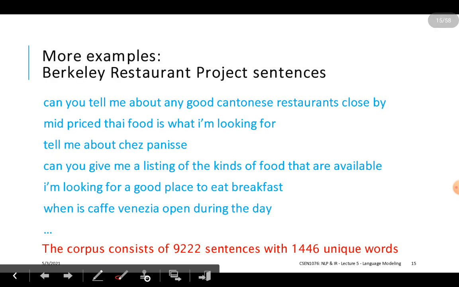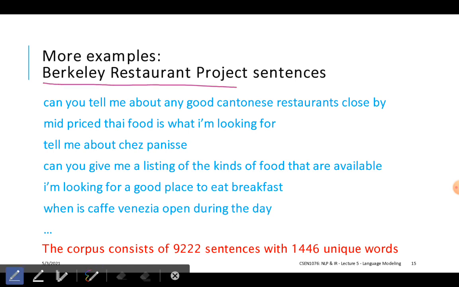So here you can have more examples using a corpus that is a bit larger than the toy example that we have seen earlier. There is the Berkeley Restaurant Project sentences. It's basically almost 10,000 sentences with almost 1,500 unique words in them.